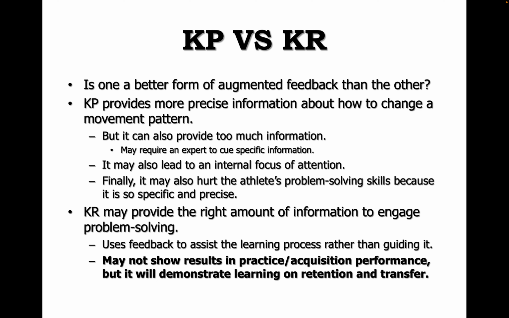And it might require an expert to cue specific information. Knowledge of performance may also lead to an internal focus of attention. And finally, it might hurt the athlete's problem-solving skills because it is so specific and precise, and mainly due to that information overload part.